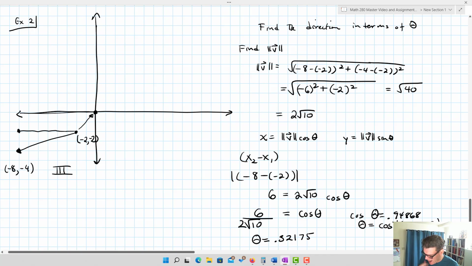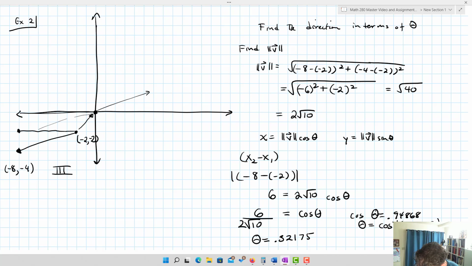Because I'm not actually in the first quadrant, I'm here in this third quadrant, the difference there is the difference of pi. So my actual theta here is going to be theta plus pi, which ends up giving me 3.46334.